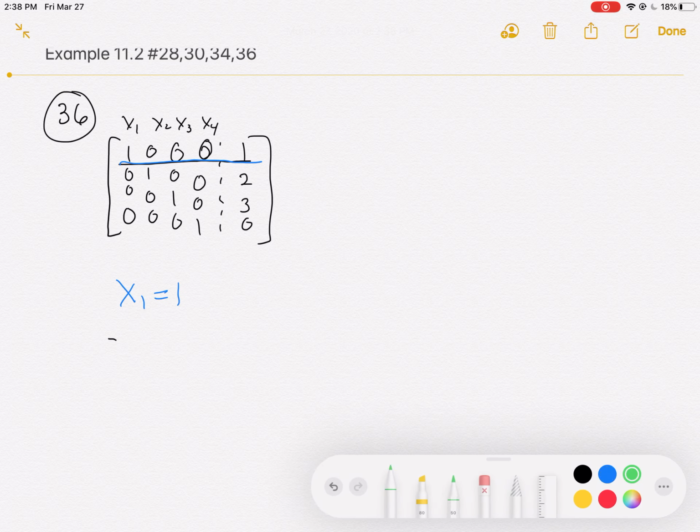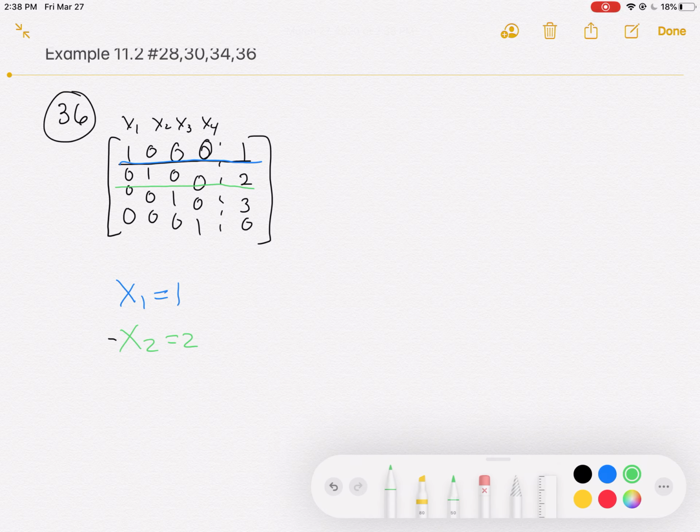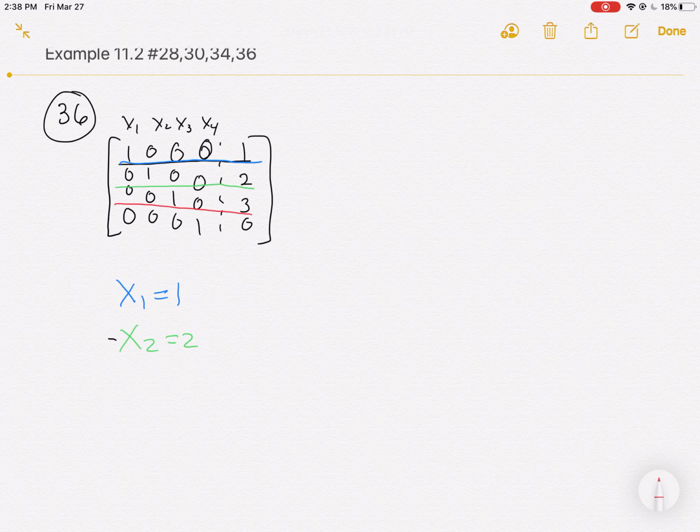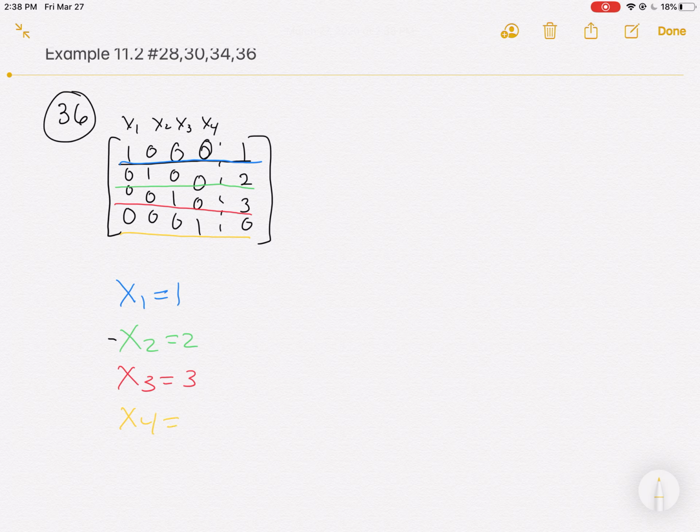The second line, which I'll put in green, tells us that x2 is equal to 2. The third line, which I'll underline in red, tells us that x3 is equal to 3. And the very last one, which I'll underline in yellow, is telling me that x4 is equal to 0.